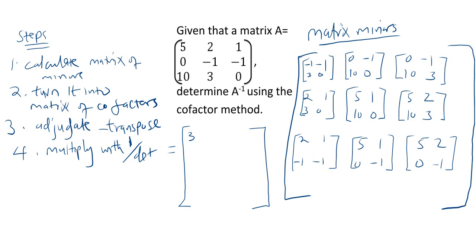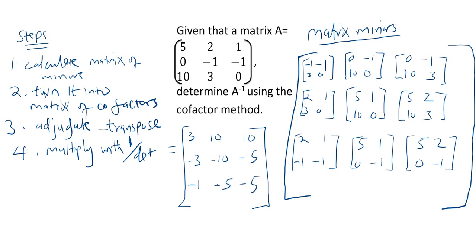The second matrix which follows, we have 10, we have 10, we have negative 3, we have negative 10, we have negative 5, we have negative 1, negative 5, negative 5.